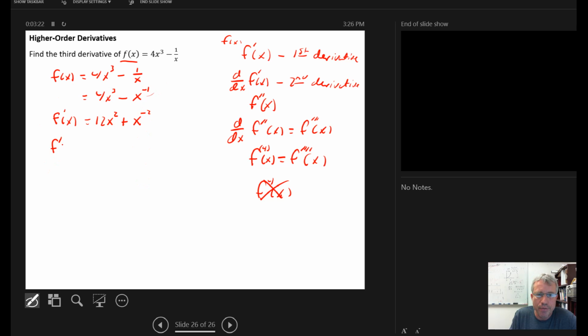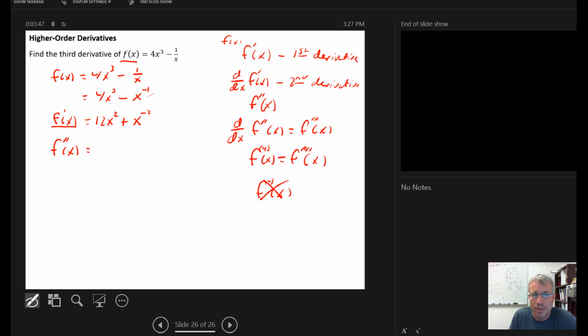So the second derivative would just be to take the derivative of f prime of x. If I'm taking the second derivative of f, that would just mean take the derivative of f prime. Take the derivative of the derivative. So I look up here at the derivative and I take its derivative.